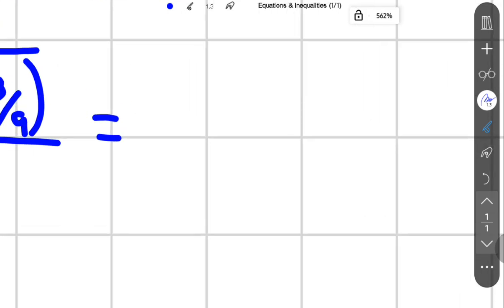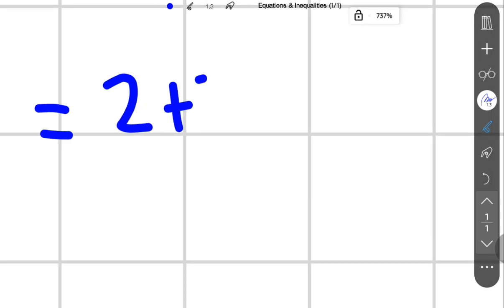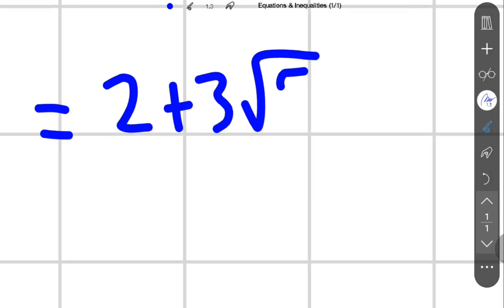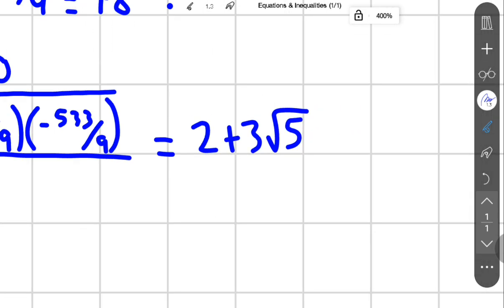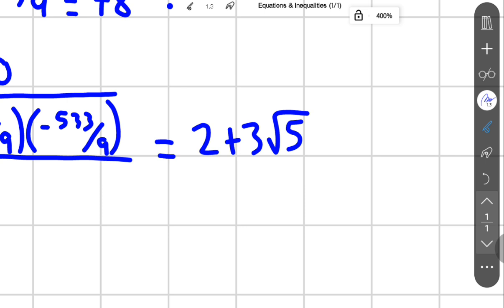Okay, so we have 2 plus 3 root 5, and I'm guessing the other possibility will be 2 minus 3 root 5. Let me put the minus. Yep, 2 minus 3 root 5.